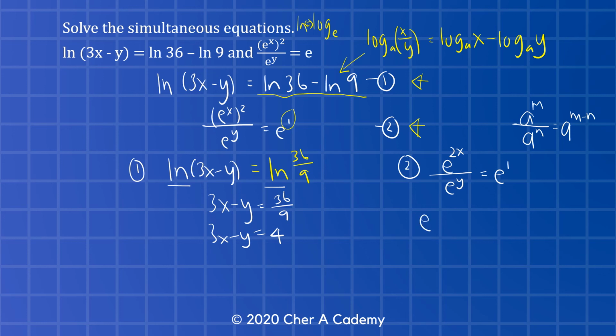So this is e to the 2x minus y. So in a quotient, I minus the powers, or I minus the indices, equals e to the 1. Since they have the same base, 2x minus y will be equal to 1. This is equation 3, this is equation 4.